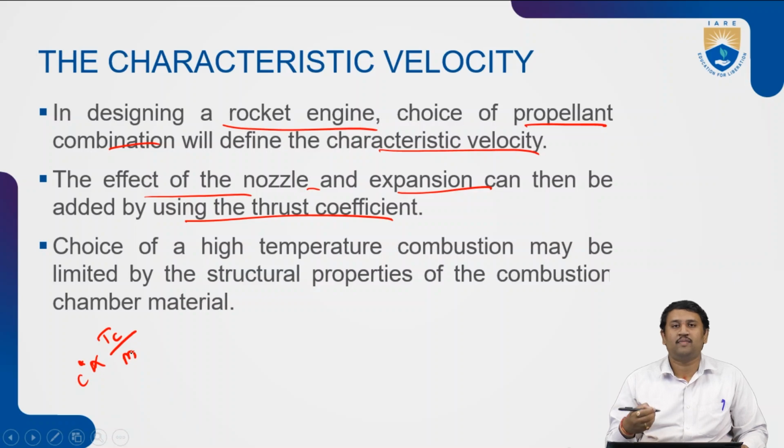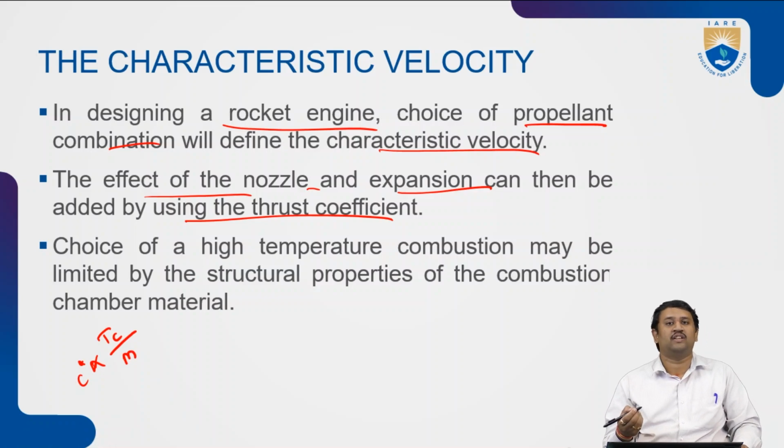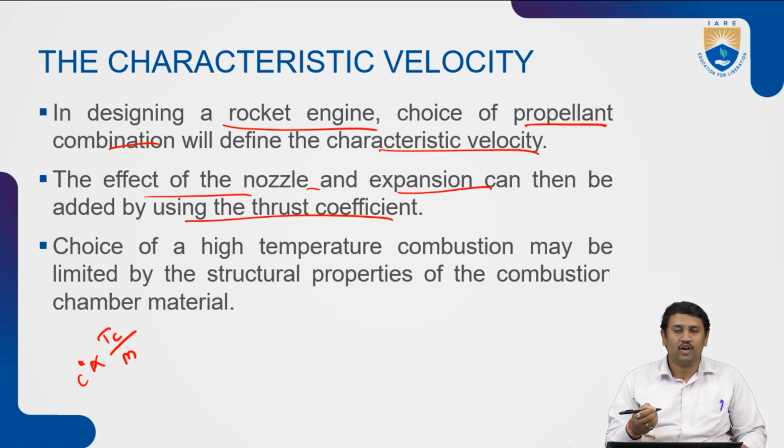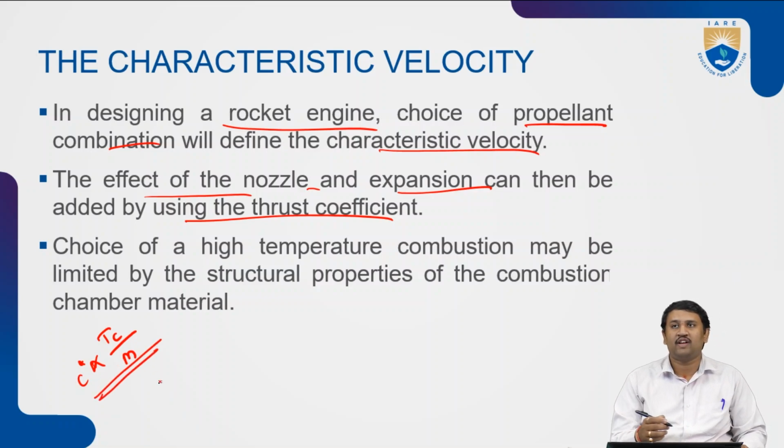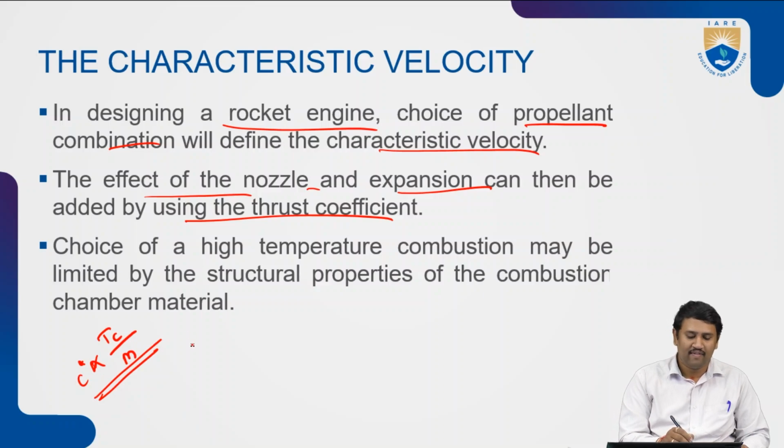The molecular weight of the combined propellants, not individual. We are looking for the molecular weight of the exhaust gases that is being generated after combustion, right? So from this, we are getting the characteristic velocity. Now, the effect of adding a nozzle as well as its expansion can be added using the thrust coefficient, which is given by CF.